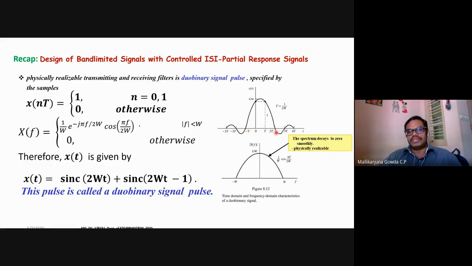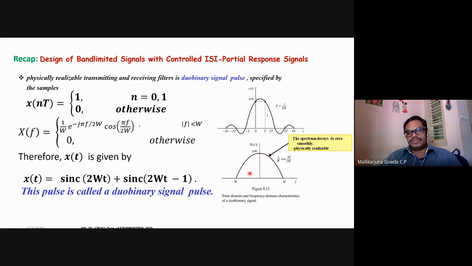Then at t equal to capital T I also have a pulse whose amplitude is 1, so I can write a shifted version of this, sinc of 2Wt minus 1. This pulse we call a duobinary signal pulse, and its frequency response looks like this.